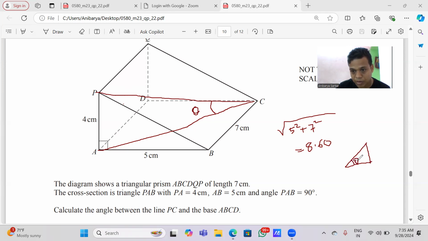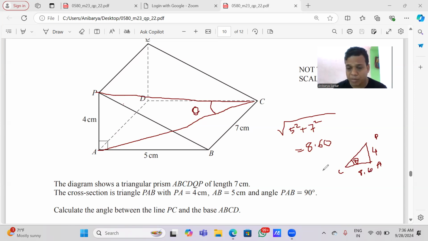This is C. This is P. This is A. PA is 4, and the value of AC is 8.60. We have to find out this angle.